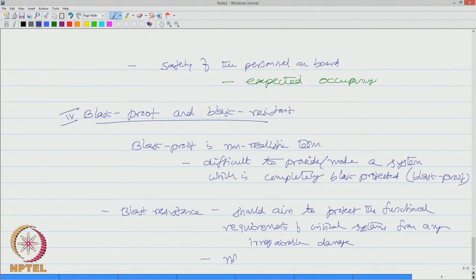It should not lead to catastrophic damage at any cost.